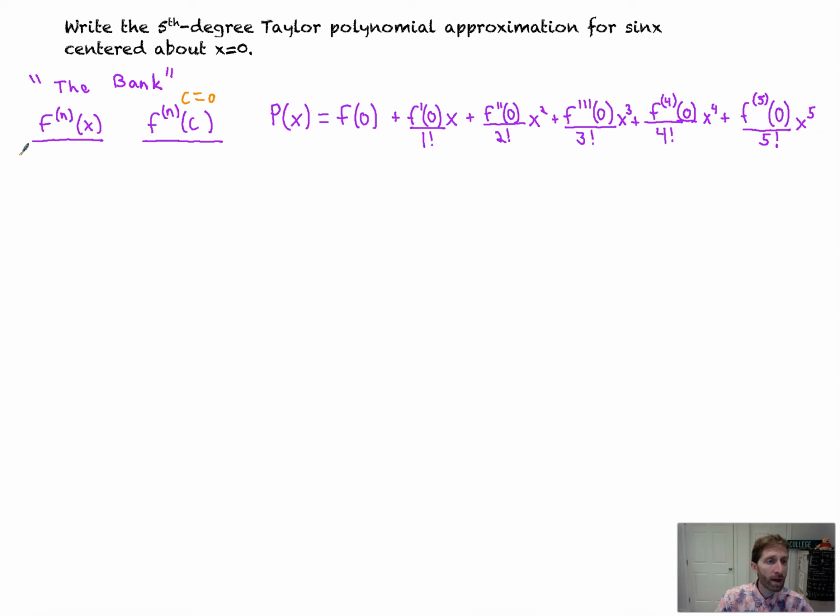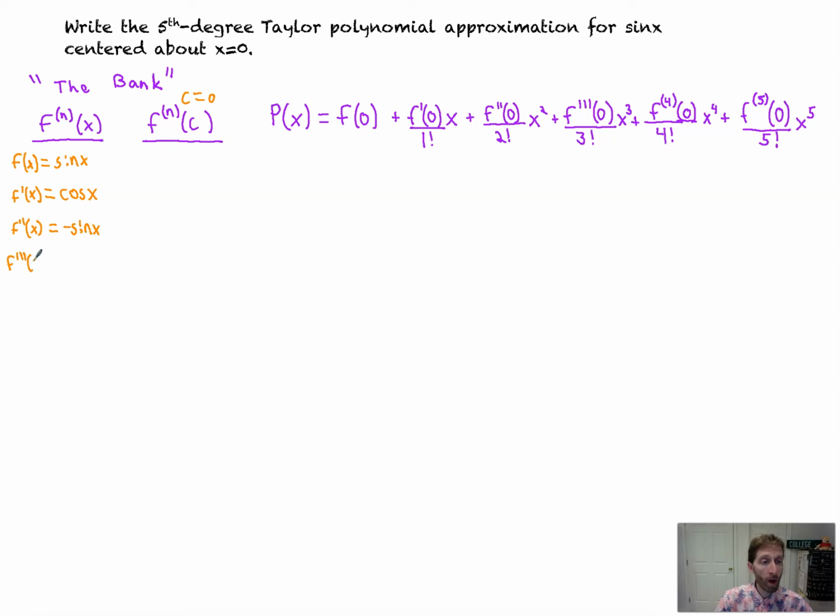So f of x is equal to sine x. And then f prime of x is just the derivative of sine, which is cosine of x. F double prime of x. I'm organizing myself so I can just pull from this information and then put it all into this template. It's literally plug and chug. That's equal to minus sine x.